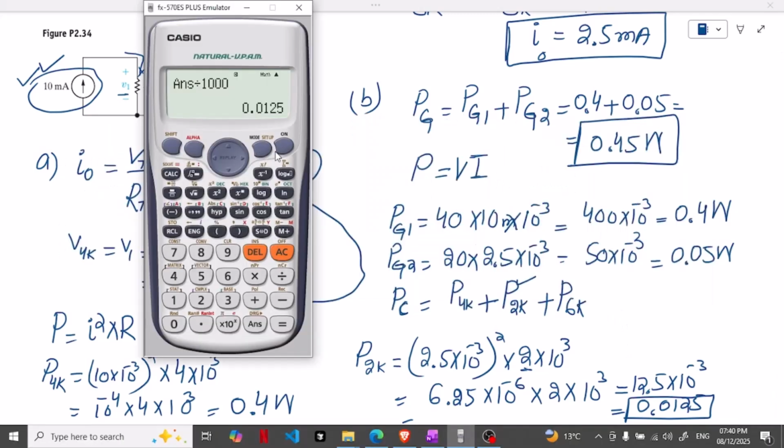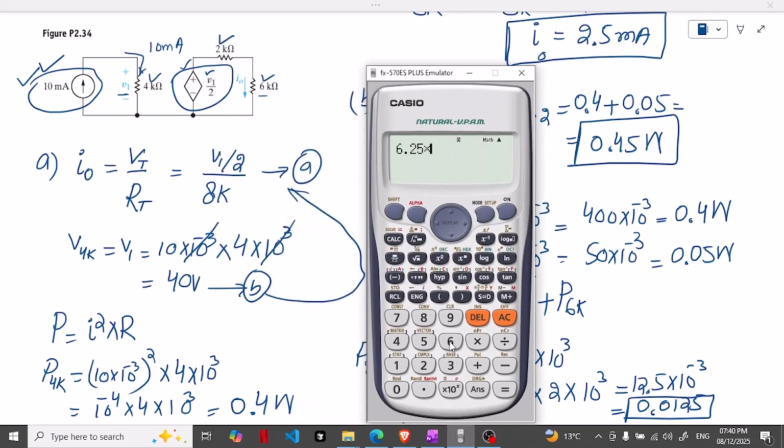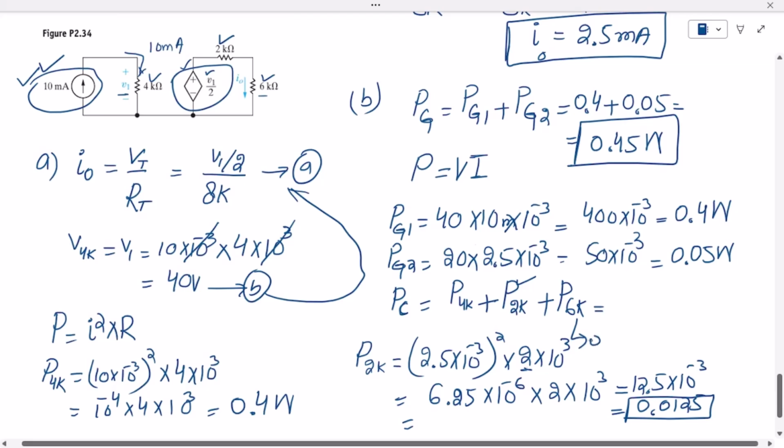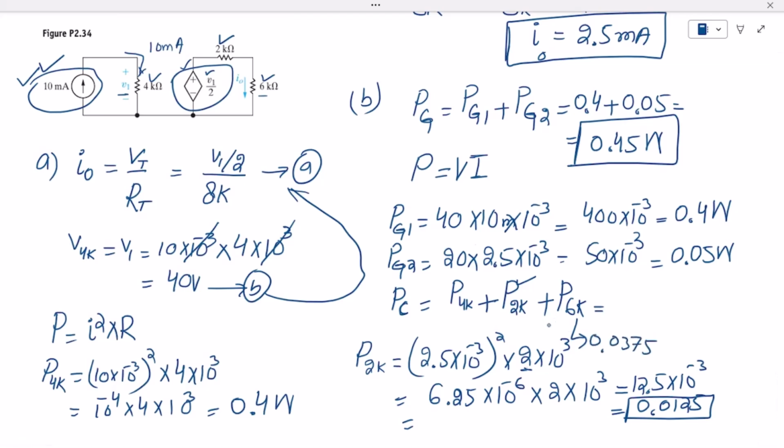So here 6.25 multiplied by 6, and dividing it over 1000, this is now 0.0375.